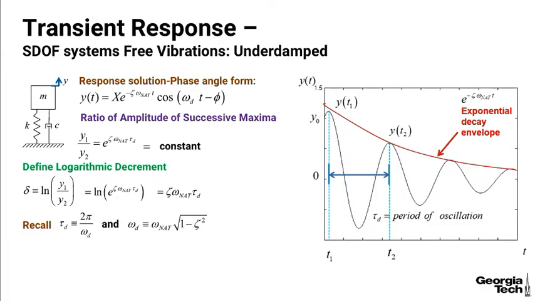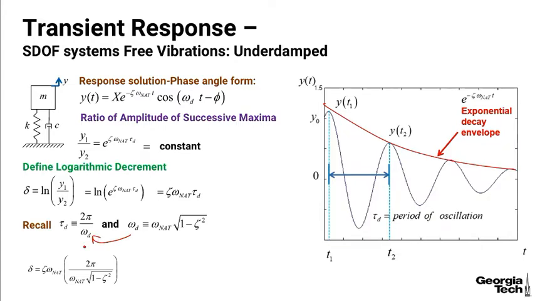And you'll recall now that the damped period of oscillation is 2 pi over the damped natural frequency, and the omega damped is defined as omega natural times the square root of 1 minus zeta squared. And so if we substitute those in, I've substituted omega d into the denominator here.